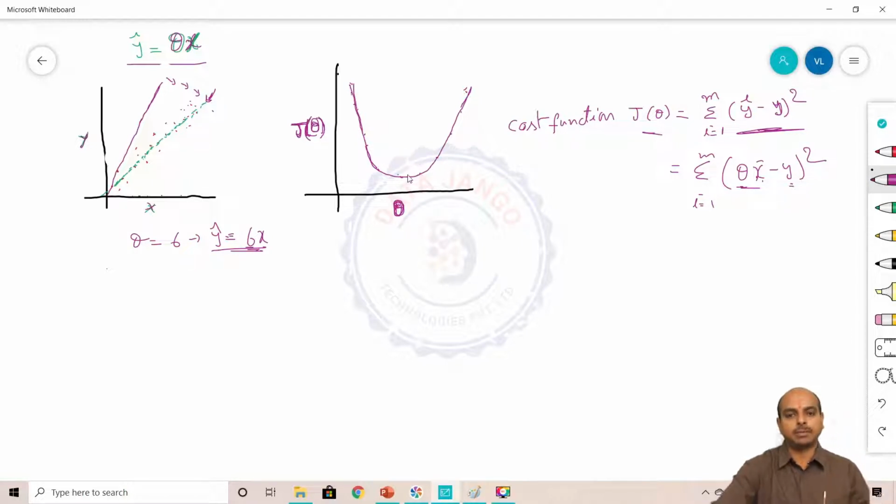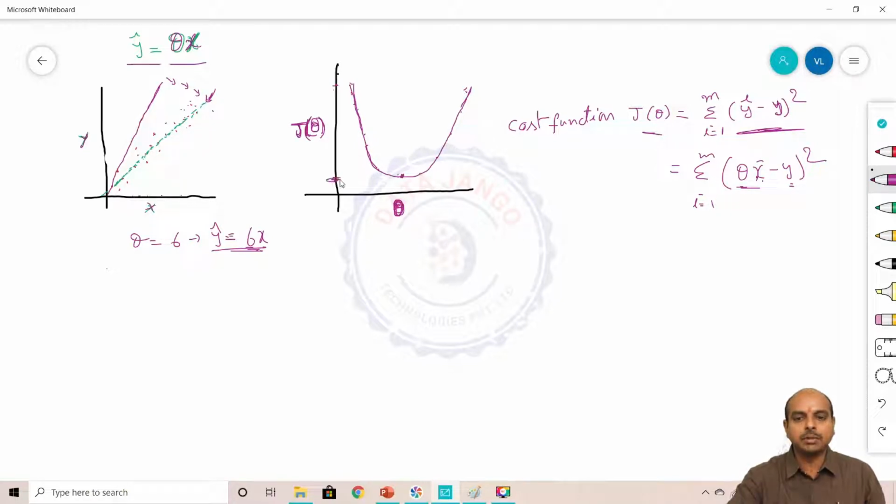What is the use of the parabola? When you look at this theta and the J of theta, on the y-axis we are saying error, right? So here the error is too high, here the error is too low, right? On this particular data set, when you substitute x's and different random thetas, this is the minimal error you got.